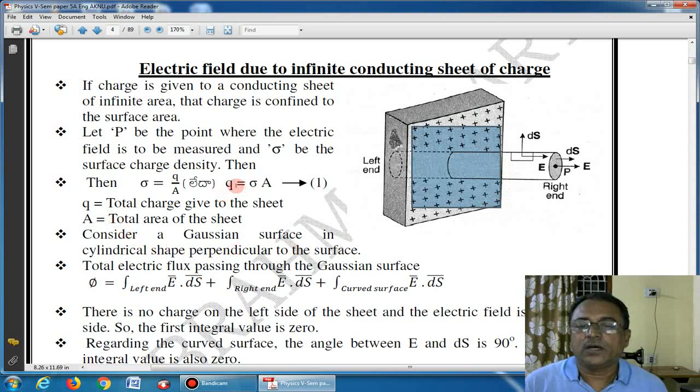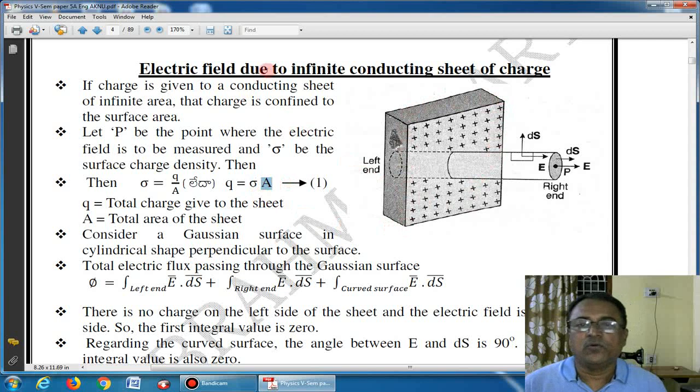Then from this equation, sigma is equal to Q by A, the total charge given to the plate is equal to sigma into A, where sigma is the surface charge density or areal charge density, already explained, and A is the area on which the charge is confined, this one.